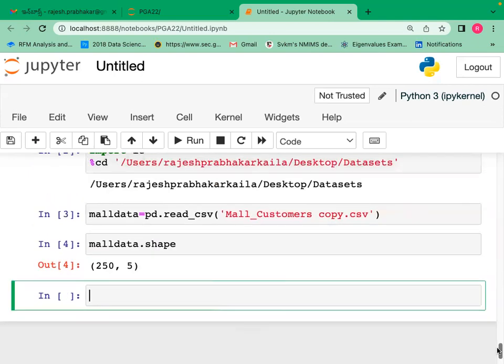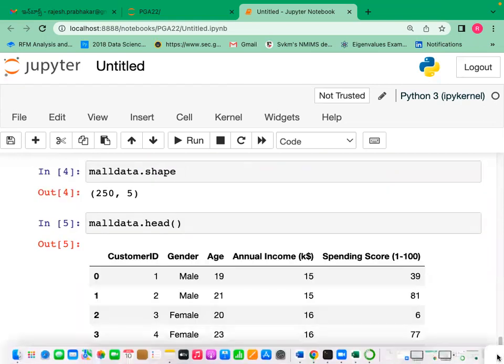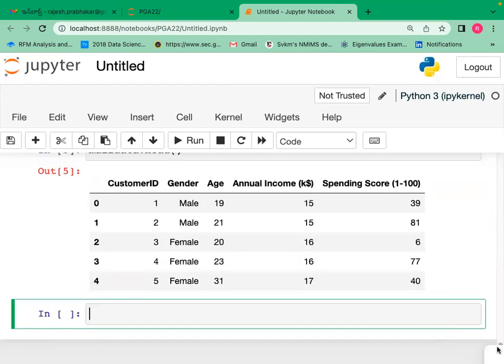Now, all of you have imported the data. Mall data dot head. We have these data points: customer ID, gender, age, income, spending score. All right.